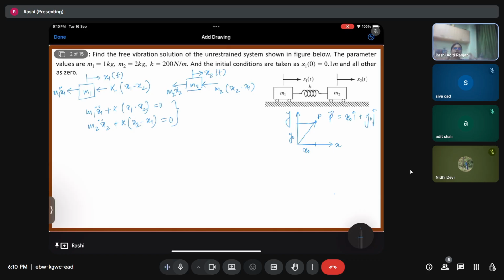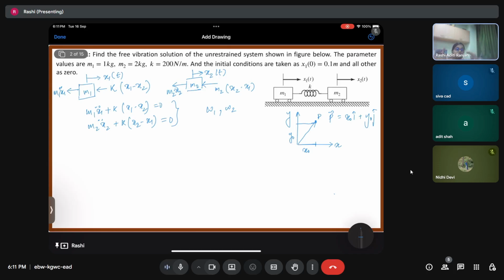Right? So if I have two frequencies, omega 1 and omega 2, which are the two modal frequencies, and I give the initial condition to my system corresponding to omega 1, both my masses are going to oscillate with the frequency omega 1. There is no contribution of the omega 2 mode. Similarly, if I give the initial condition corresponding to the omega 2 mode, there is no contribution of the omega 1 mode.